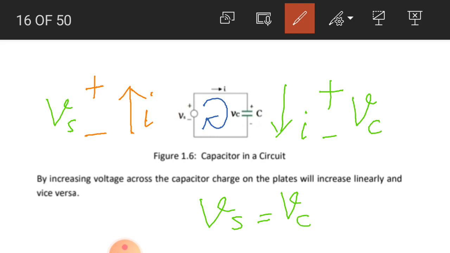So the voltage across the source in this particular case will be equal to the voltage across the capacitor. We develop this relationship with the help of KVL.